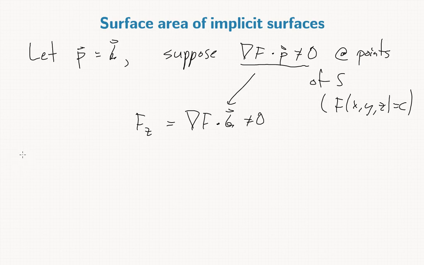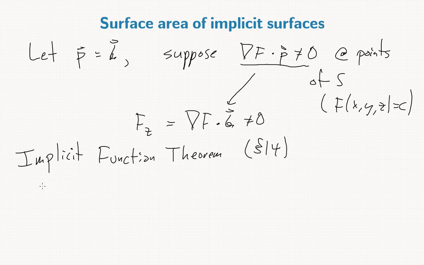So this implies, by the implicit function theorem, which I don't think we really discussed in much detail, but is somewhere in chapter 14, that in this case the surface S never folds on itself, which means that it will pass the vertical line test. So this implies that S is the graph of a function.